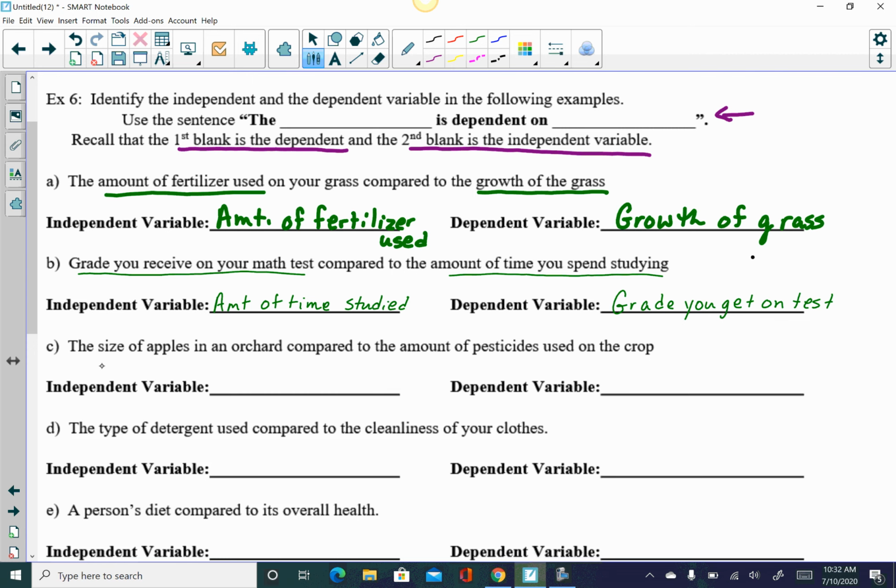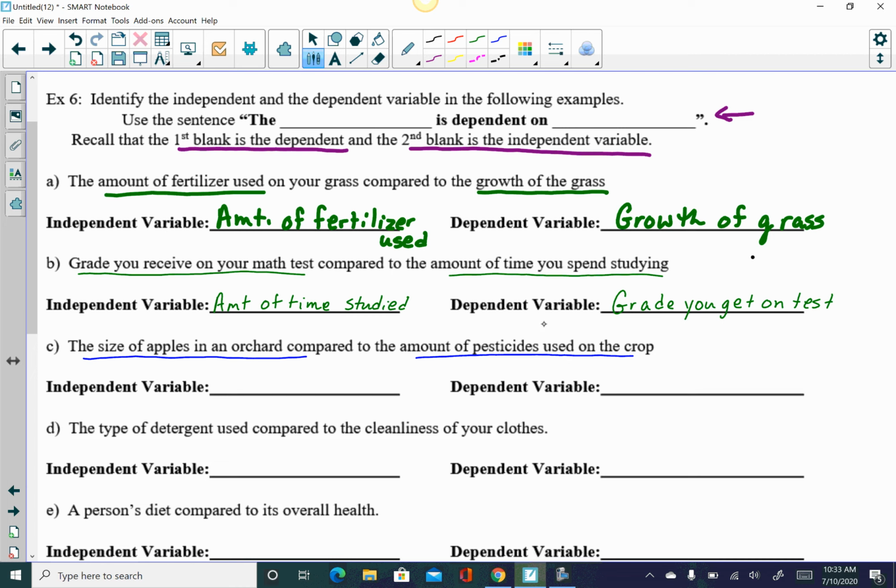Let's look at letter C. The size of the apples in your orchard compared to the amount of pesticides used on the crop. So my dependent variable, maybe let me say this one wrong. Would it make sense for me to say that the amount of pesticides used on my apples would be dependent upon the size of the apples?